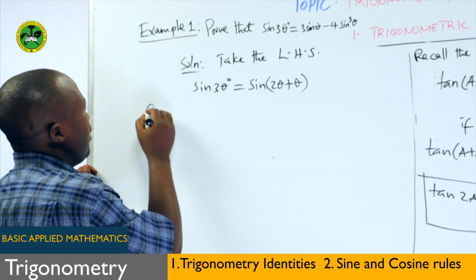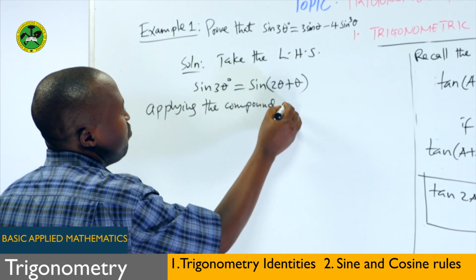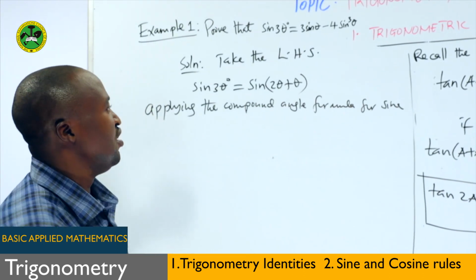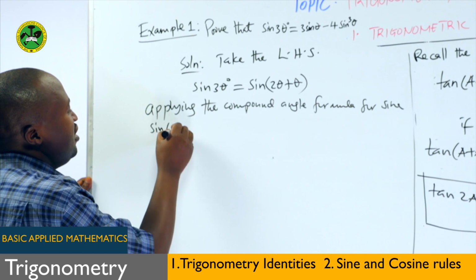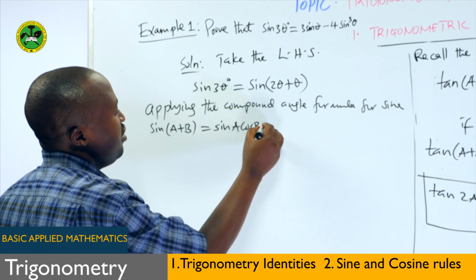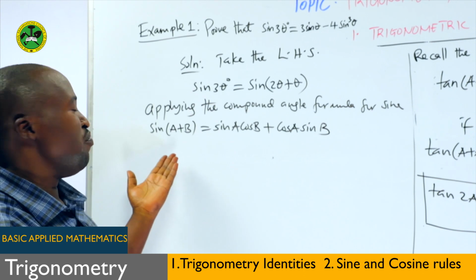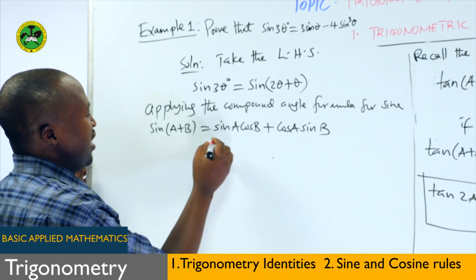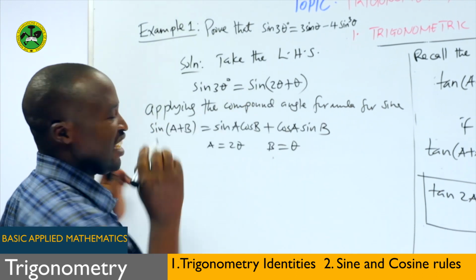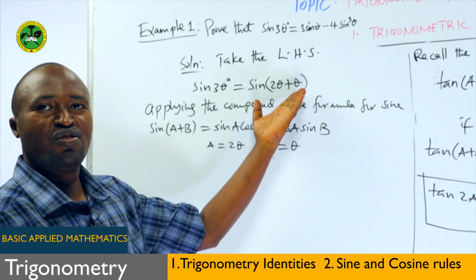Applying the compound angle formula for sine, remember, sine A plus B is equal to sine A cos B plus cos A sine B. Now our A will be equal to 2 theta, and B will be equal to theta.